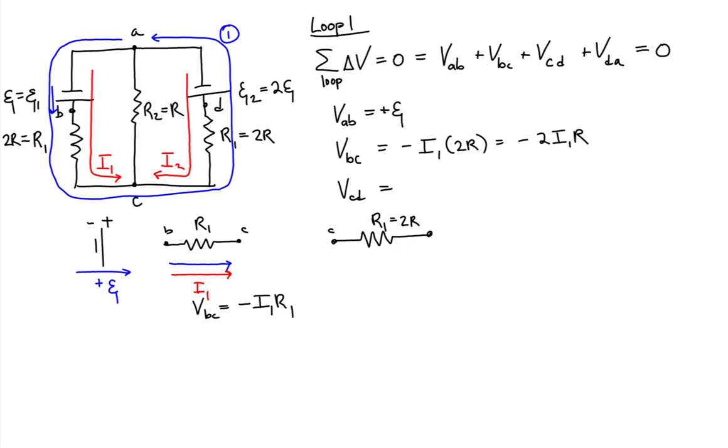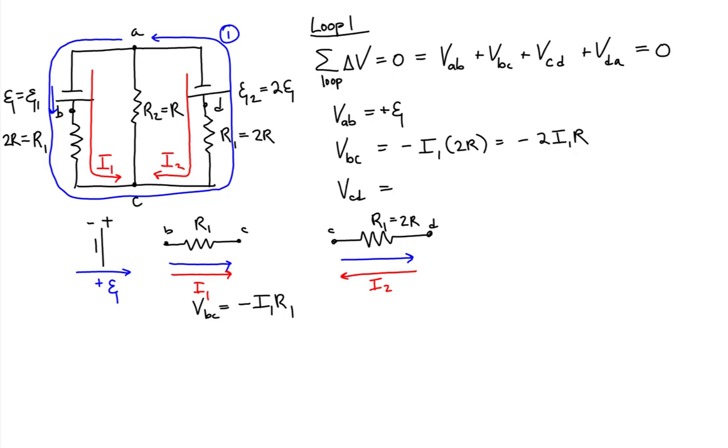And in going from point C to point D, notice how the current I2 is opposite to the direction in which we are traveling the loop. So we are traveling from C to D, but the current is opposite that, from D to C.